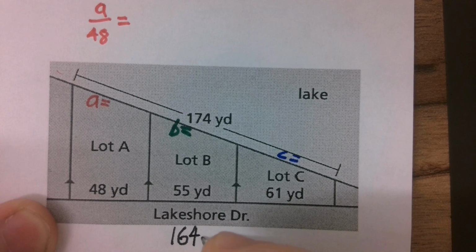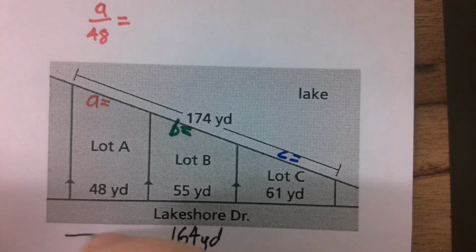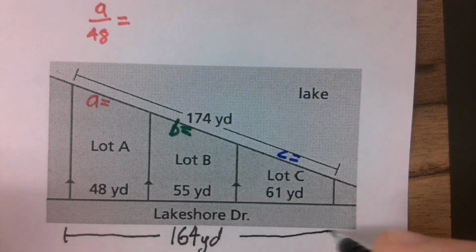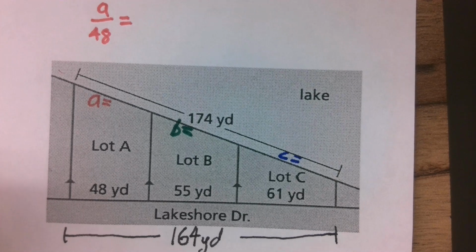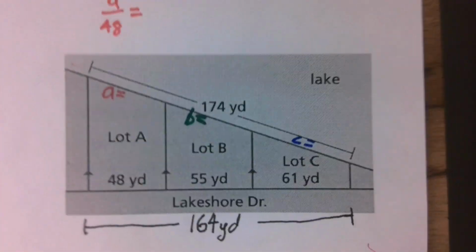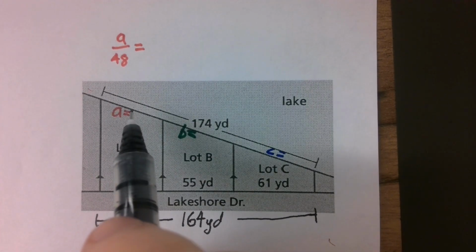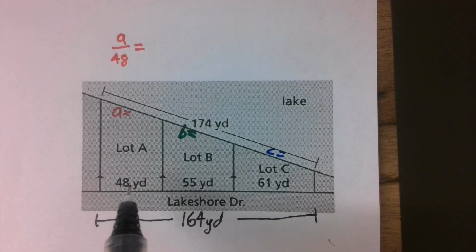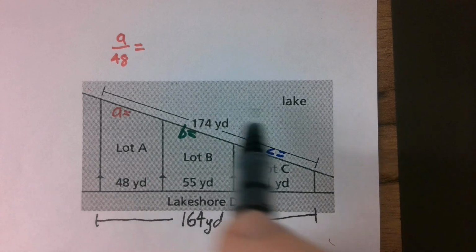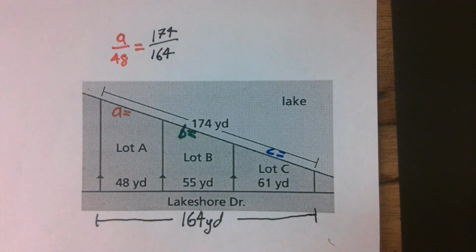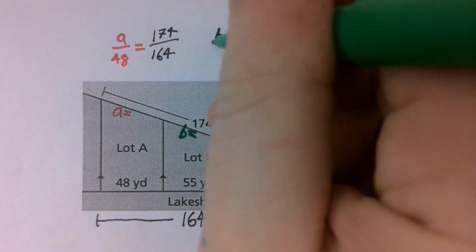That's going to be 164 yards for the entire street. So now we can actually finish our proportion. Because we're comparing the lake frontage to the lot frontage, we can compare the lake's total distance to all these lots' total distance. And we can do the same for B and C as well.